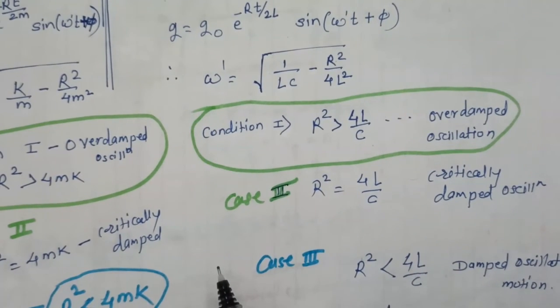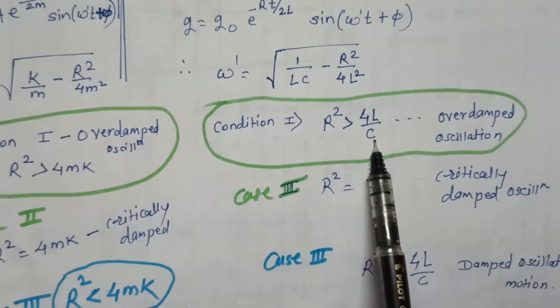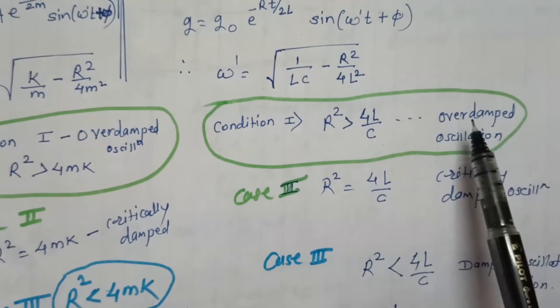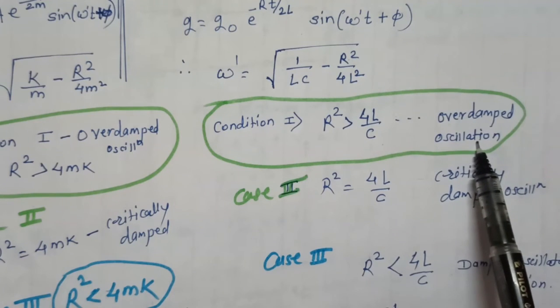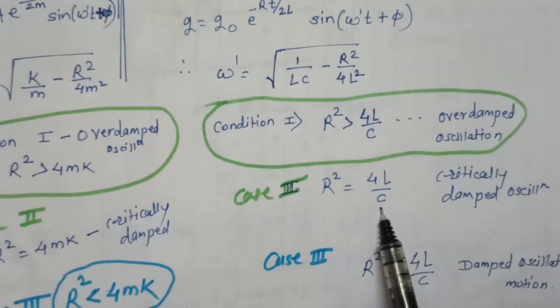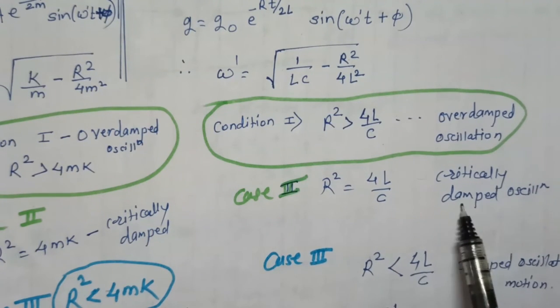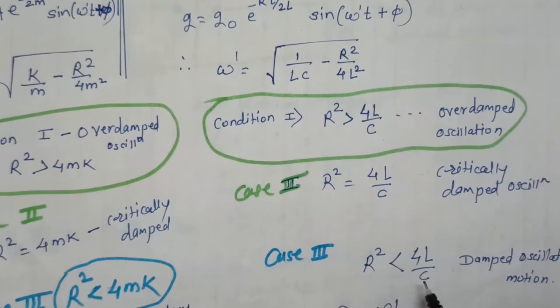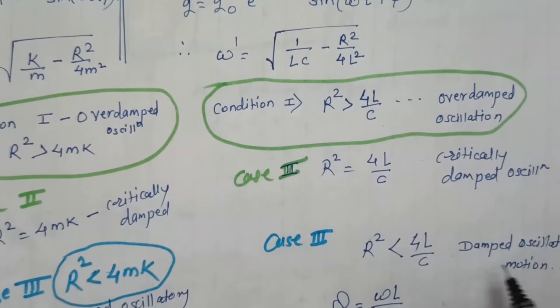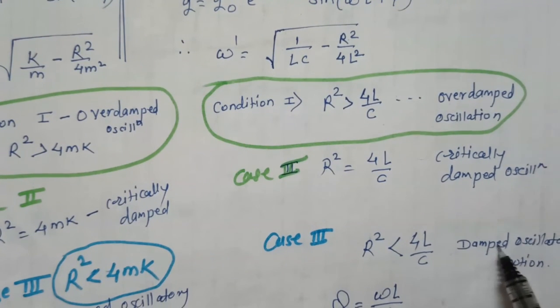First case, R square is greater than 4L by C. In this case, the oscillations are overdamped. In case second, R square is equal to 4L by C, then oscillations are called critically damped oscillation. In case 3, R square is less than 4L by C, oscillations are called damped oscillatory motion or damped oscillations.